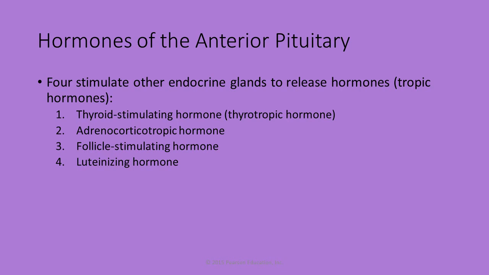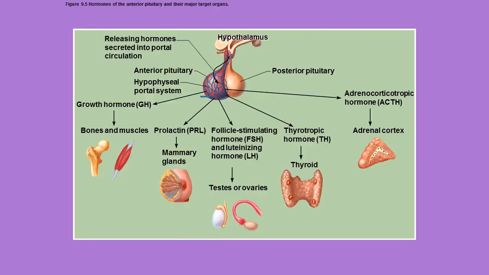A stimulates B, which stimulates C, etc. So those 4 other hormones are thyroid stimulating hormone, adrenocorticotropic hormone, follicle stimulating hormone, and luteinizing hormone. In this figure, it is showing the hypothalamus with those 2 lobes of the pituitary, and from the anterior pituitary, it is showing the 6 different hormones that are produced by it.